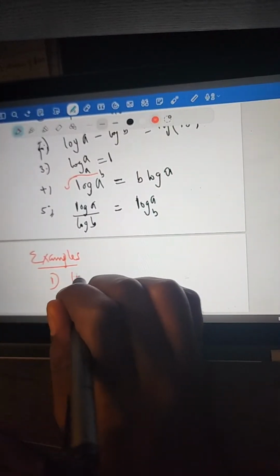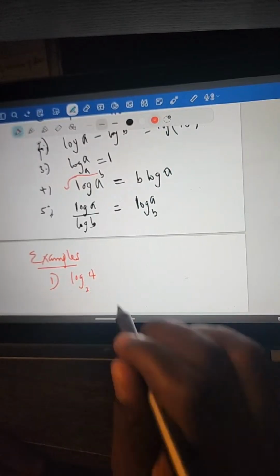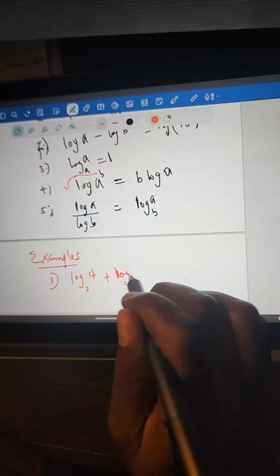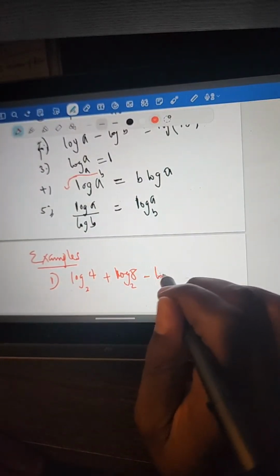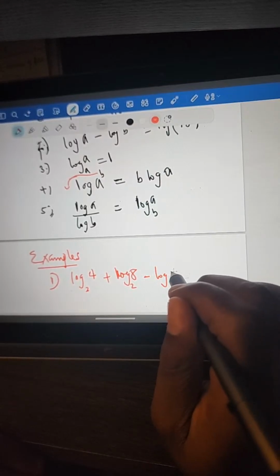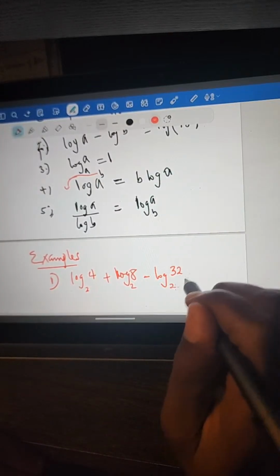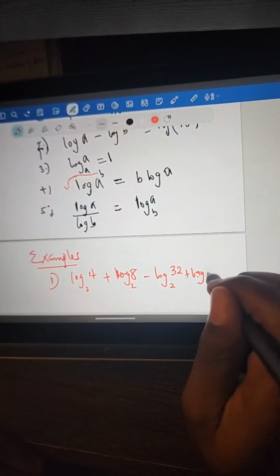Now, we have log 4 in base 2 plus log 8 in base 2 minus log 32 in base 2 plus log 16 in base 2.